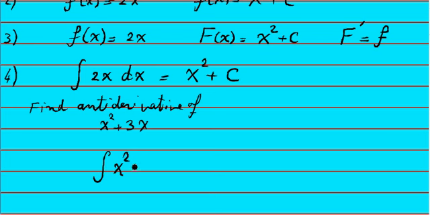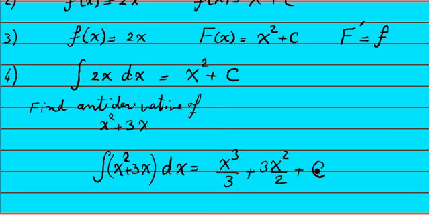We say, if you want to take the antiderivative of x squared plus 3x, you just go ahead. Now you perform whatever rules you have learned. The antiderivative of x squared will be x cubed over 3. The antiderivative of 3x is 3x squared over 2. And we don't forget to put our constant.